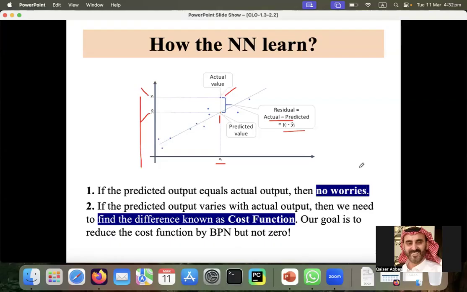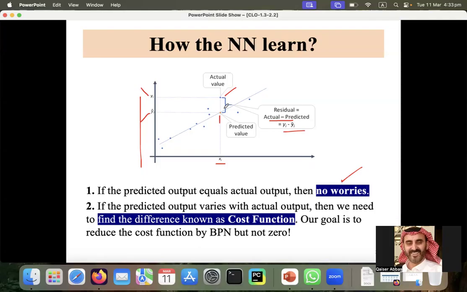If your difference is 0, then you don't have to worry, accuracy is okay, and go on. And if you have a difference between these two values, then you have to calculate it. From the topic of logistic regression, we know how we can calculate this difference through a cost function or loss function.